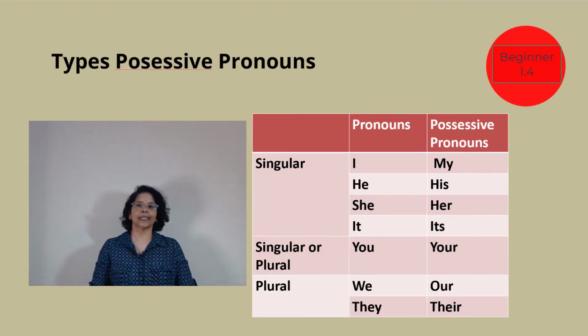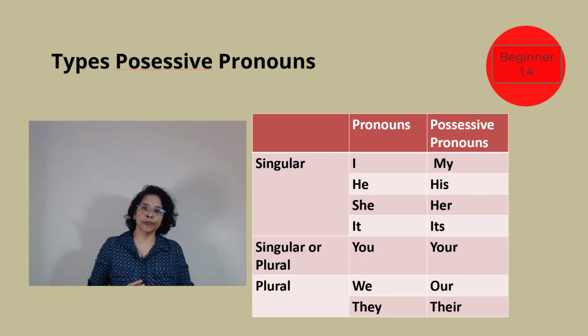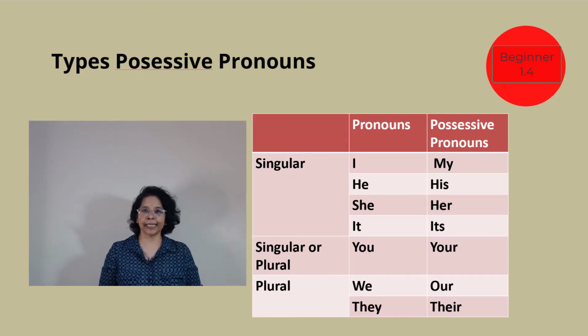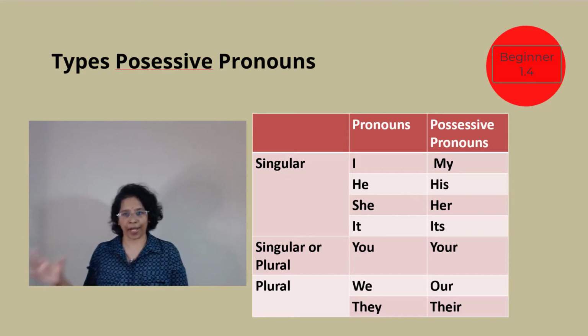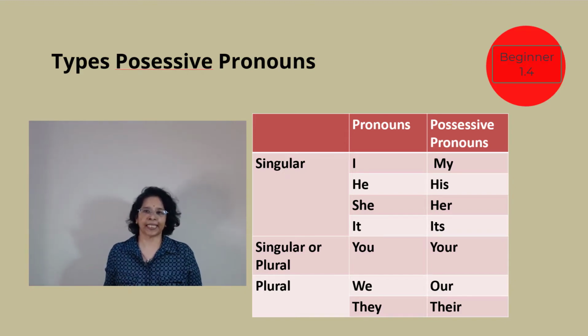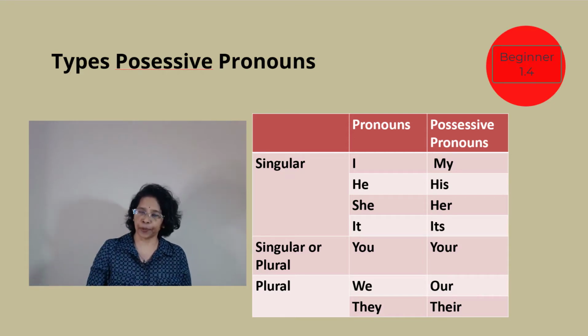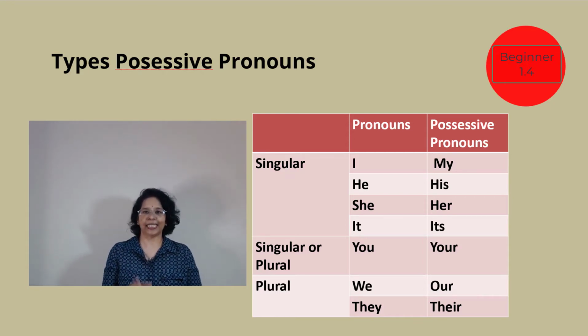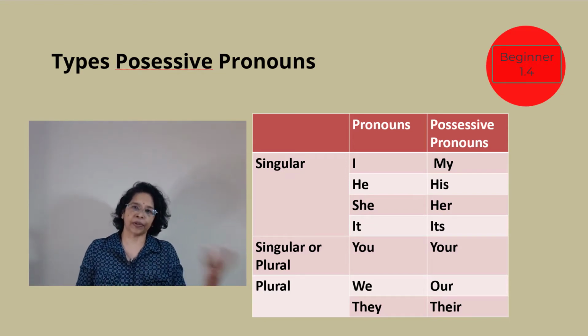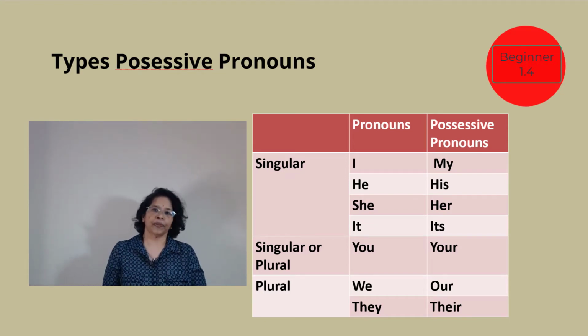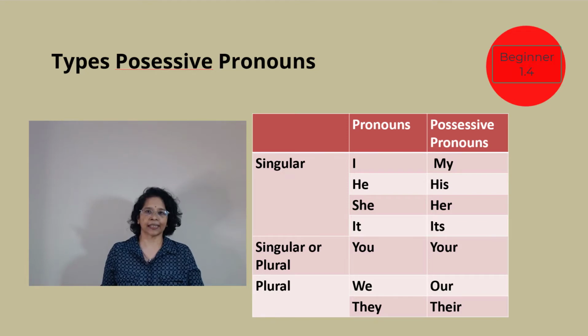The next important chunk of information that is going to be useful to you in today's lesson is the possessive pronouns. So what are possessive pronouns? We have already learned pronouns before this, and this is merely a repetition of what you learned in the previous lessons. The 7 pronouns are I, he, she, it, you, we, they, where I, he, she, it are singular pronouns.